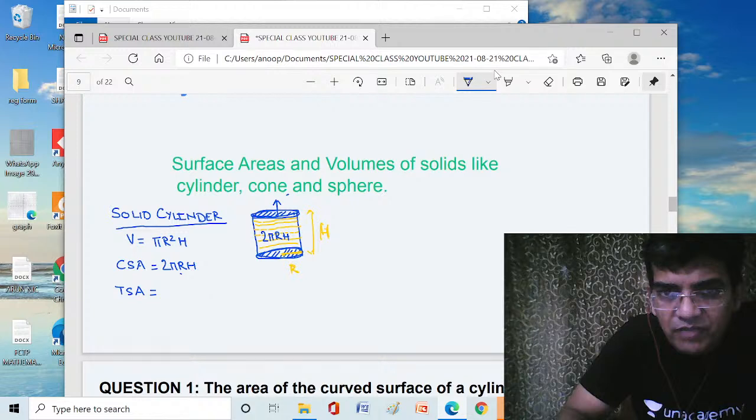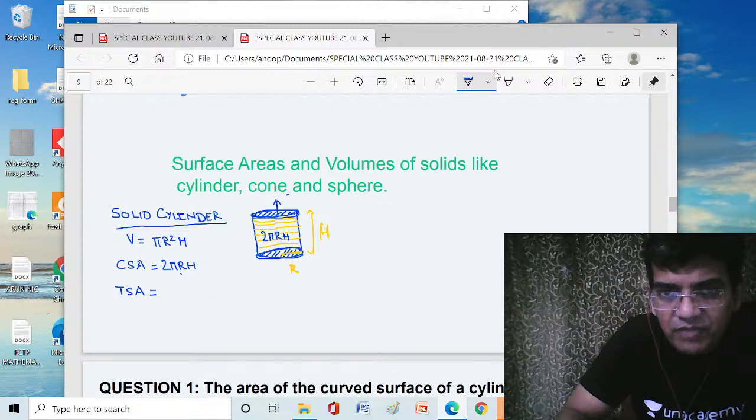At the bottom, again a circular surface, so the formula will be pi r square. So if I add all these three surfaces, 2 pi rh and two circular surfaces, pi r square and pi r square, that will be known as the total surface area.